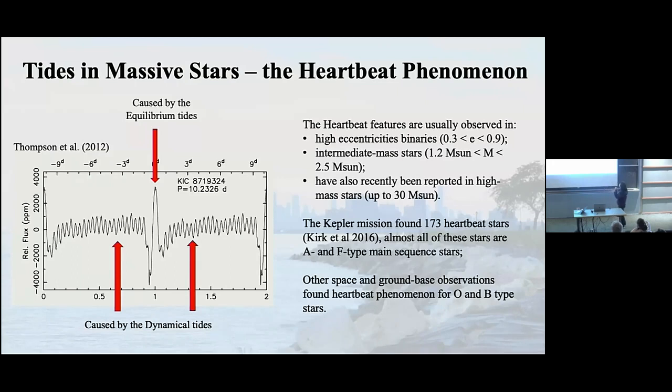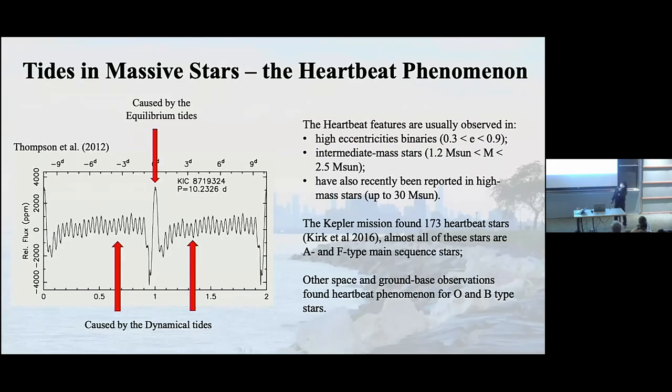Usually a heartbeat system is a very eccentric system. The Kepler mission discovered about 173 systems that have this heartbeat feature. Most of them are A to F type stars, which means they are close to solar mass and up to 2.5 solar masses.